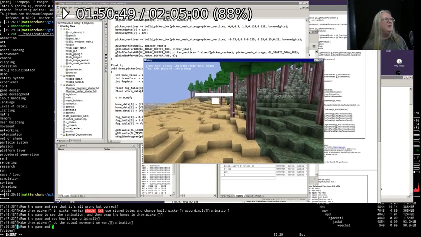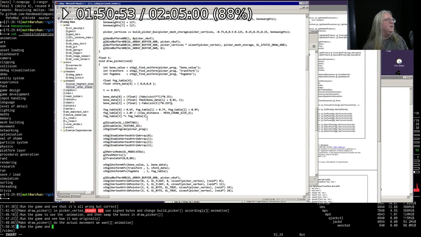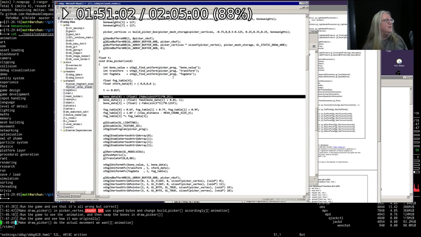Yep, it's moving up and down. Too much, but that's fine. So we'll have to move down faster, and a small amount. Okay. Now we weren't applying this bone yet.